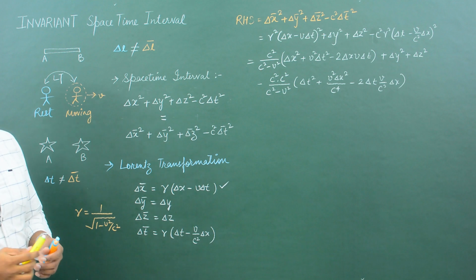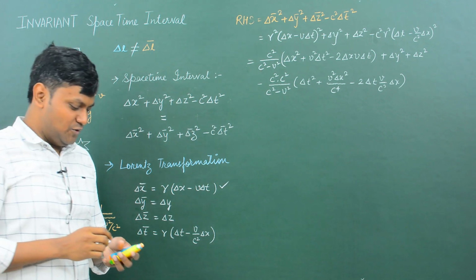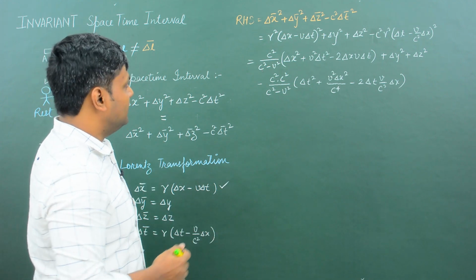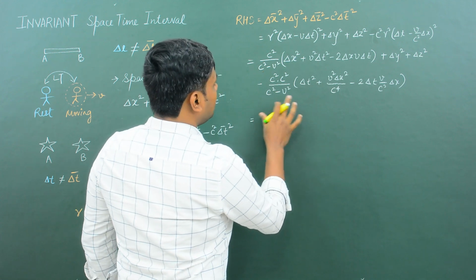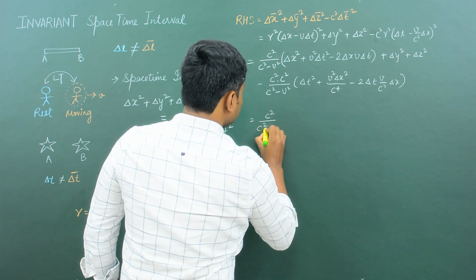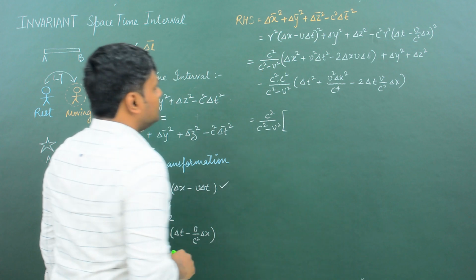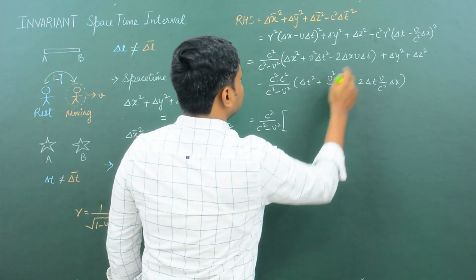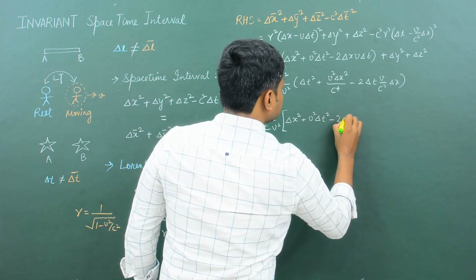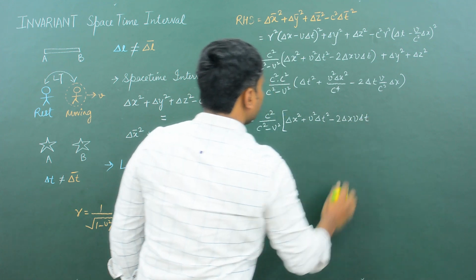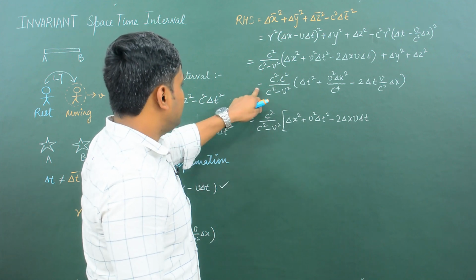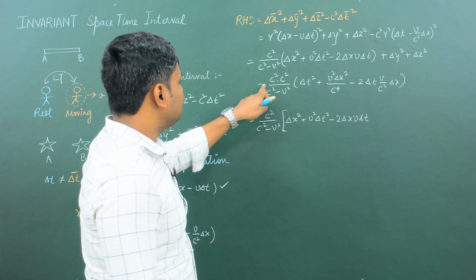Now we want to simplify it, so we want to cancel some of these terms out. How do we do that? Well, I have to bring all of them together. So let's take c square upon c square minus v square as a common. Then in the first bracket I get del x square plus v square del t square minus 2 del x v del t. And for the later expression, there's a negative c square, so I need to add negative c square to all of these terms.